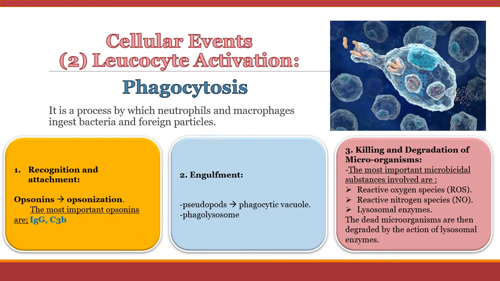And after they destroy most of the organisms or the injurious agents in the site of inflammation, the inflammation will subside and will be resolved, because now there is no more reason for more inflammatory response if we got rid of all the bacteria.